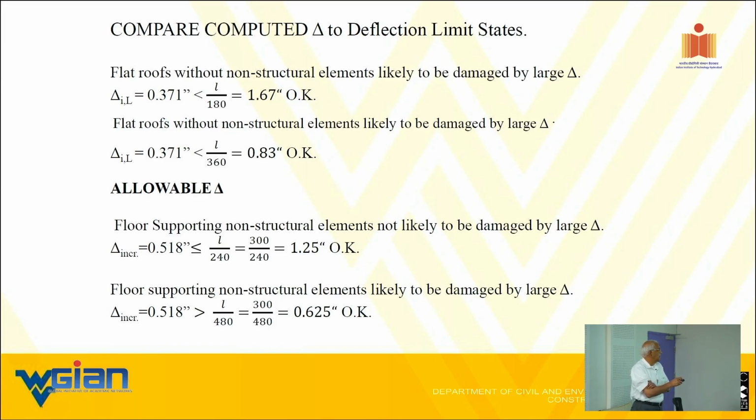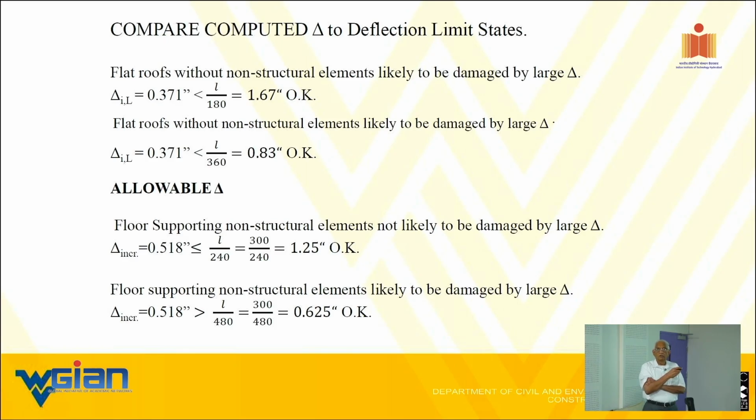Now you have to worry about the allowable values for different kinds of scenarios. You remember I gave you 4 of them: L over 180, L over 360, and L over 240, for floor supporting non-structural elements not likely to be damaged, and floor supporting non-structural elements likely to be damaged.